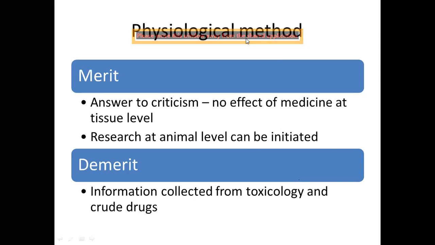But if you read this physiological method of study, you will get certain points where you can initiate your research at the animal level and come out with more and more new information on that drug in animals.